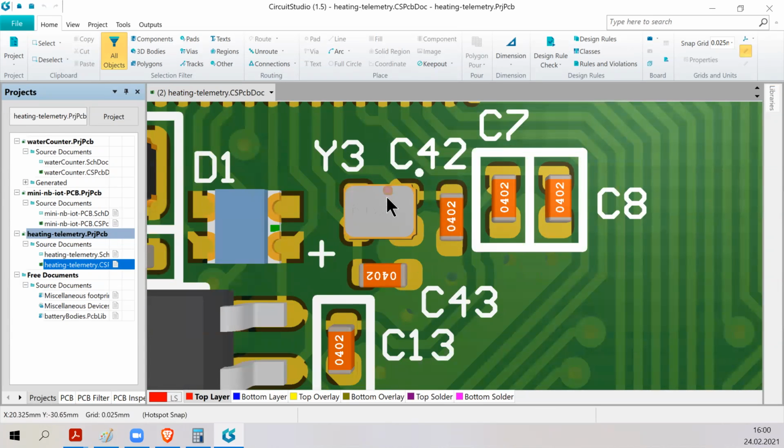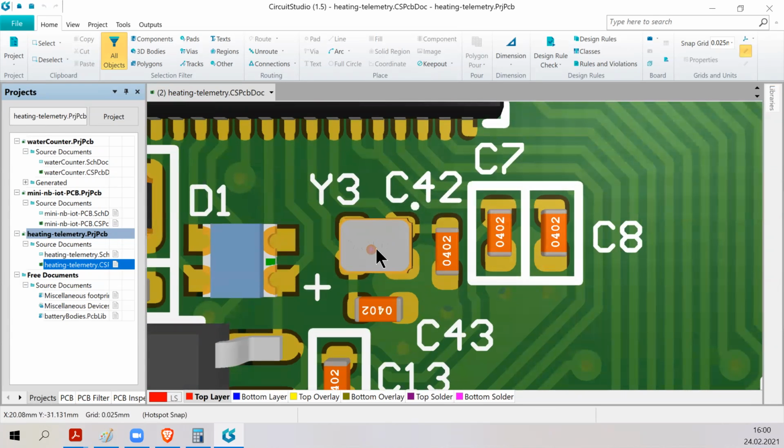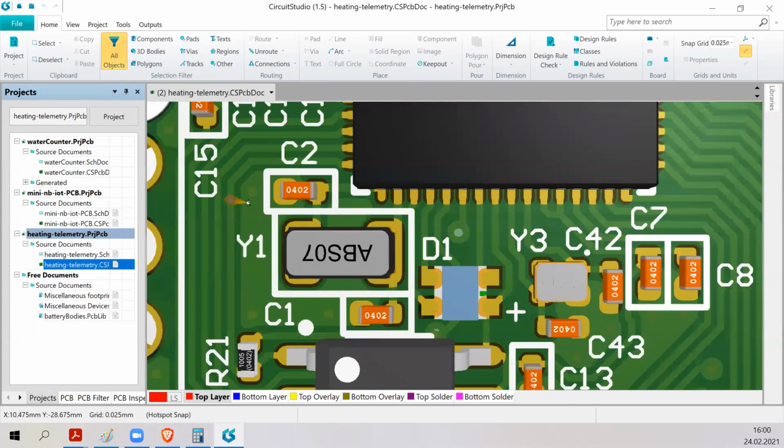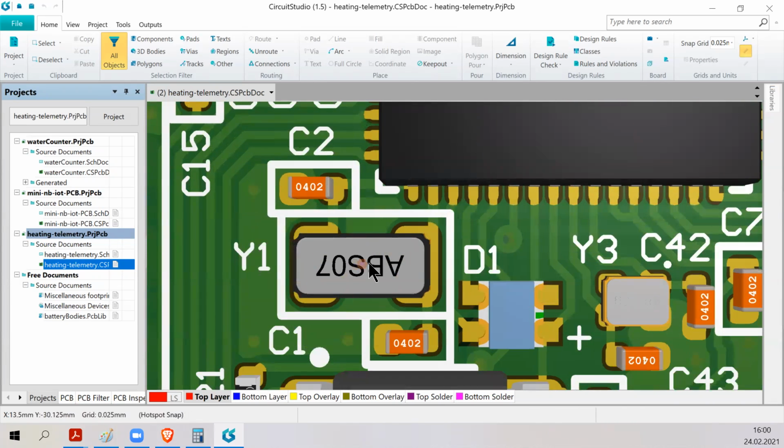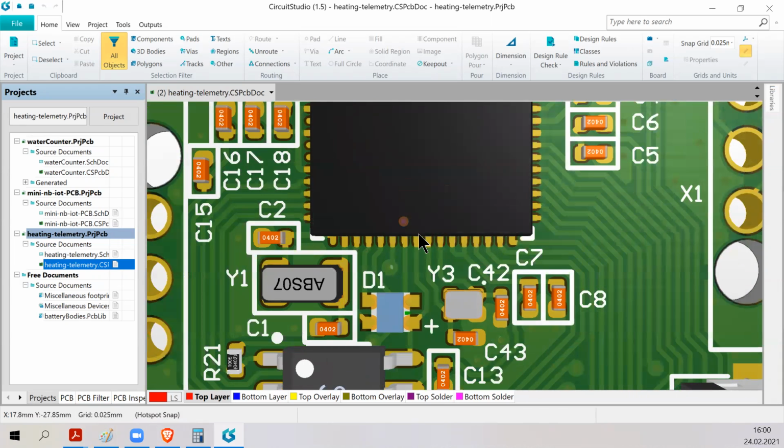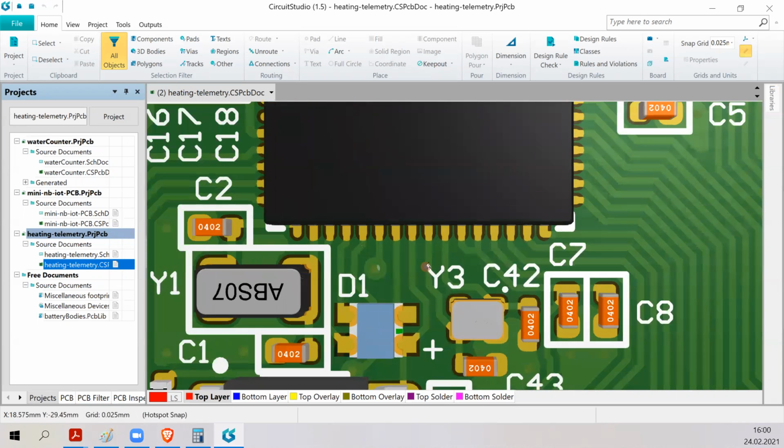So this Y3 is, I think, a 48 megahertz crystal with 10 picofarad load capacitances. And this bigger one is the 32.768 kilohertz low frequency oscillator with its two load capacitors. And so they are used.